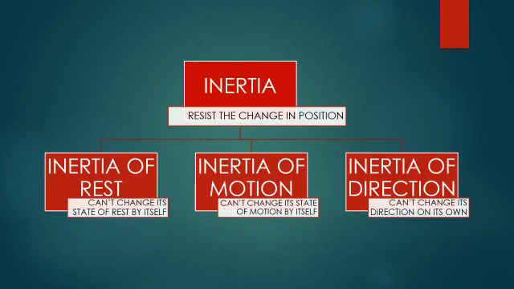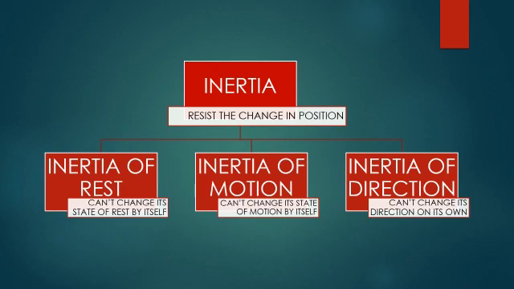We have three types of inertia: inertia of rest, inertia of motion and inertia of direction. So we know inertia is the resistance to change in position of the object. If the object is not able to change its state of rest by itself, then it's called inertia of rest.